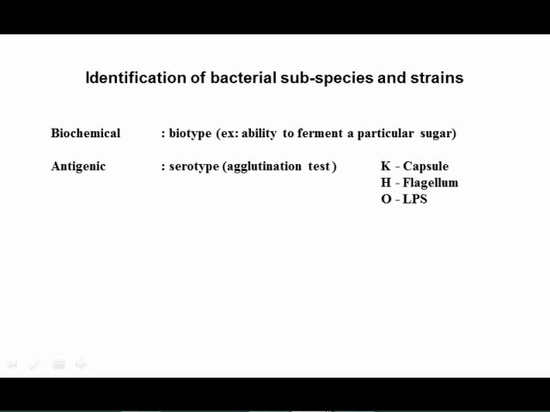This is a positive result. Okay, so depending on what antigen you want to detect, you'll use beads which have antibodies specific for different capsule, hemagglutinin or O antigen serotypes.